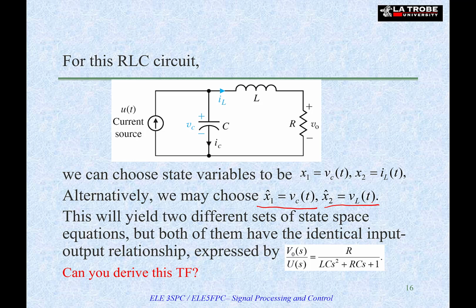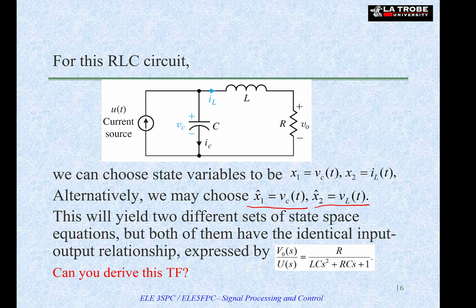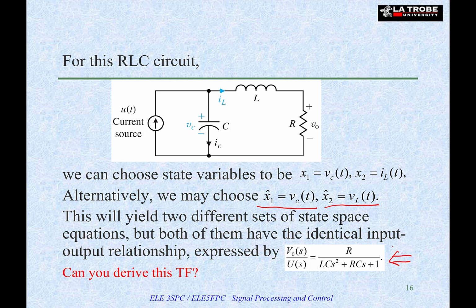For these two different state space representations, they actually correspond to the same system, and the transfer function of the system can be obtained like this. Although we have obtained two different state space representations, they belong to the same system.